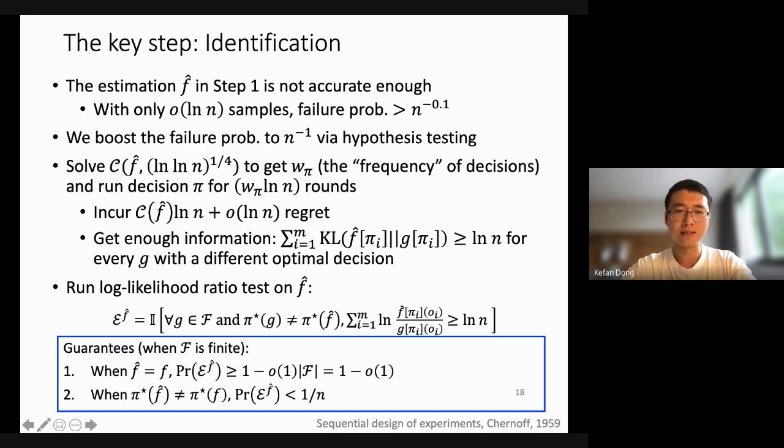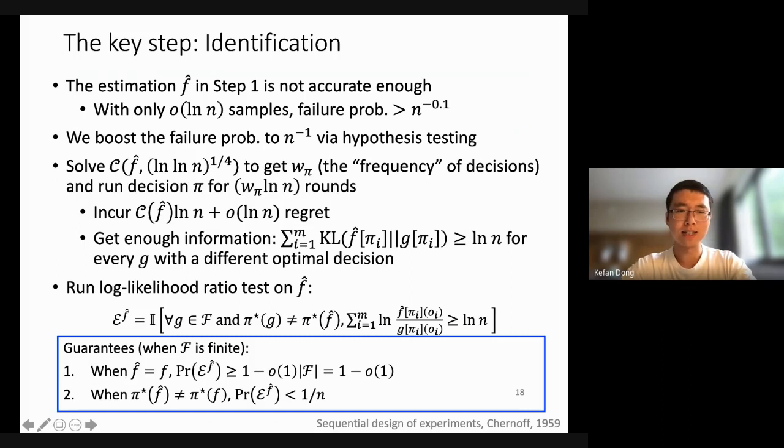The probability is 1 minus small o of 1 times the size of the hypothesis class. This is because we need to do a union bound on every other instance G. And because the hypothesis class is finite, so capital F has a constant size, this failure probability goes to 0 when n goes to infinity.